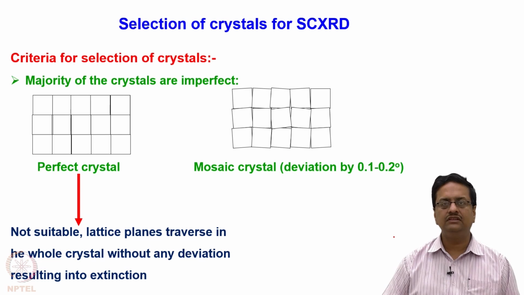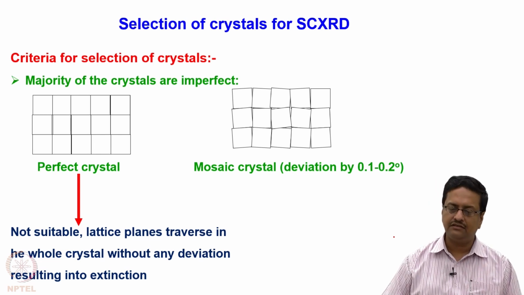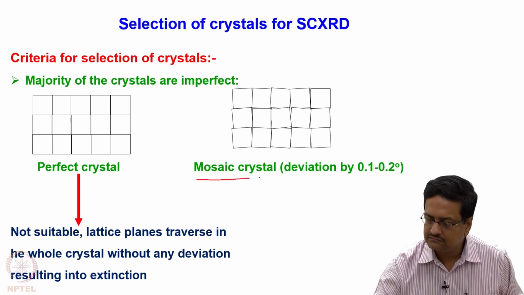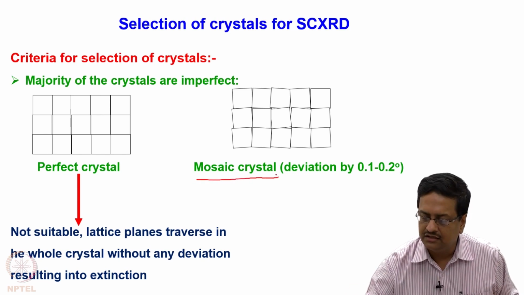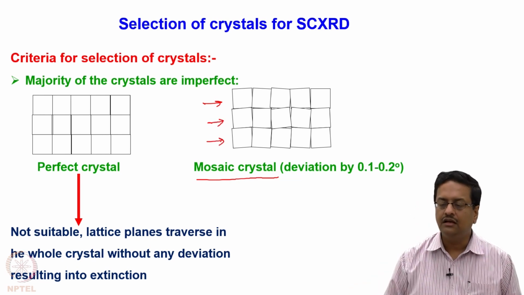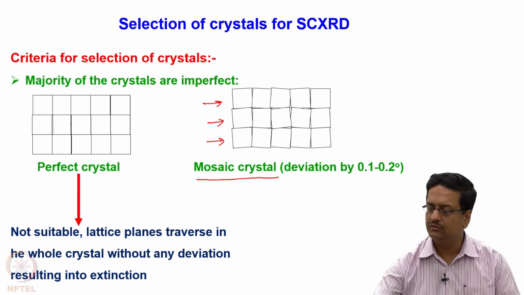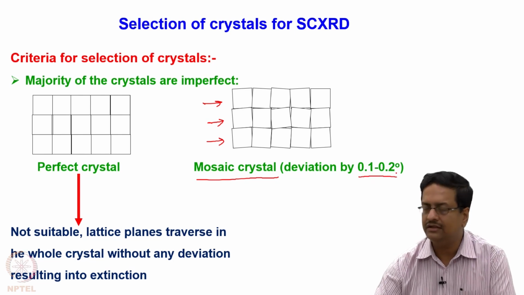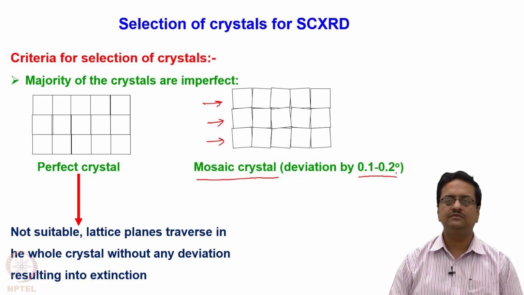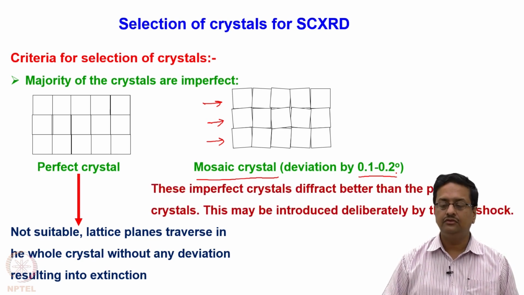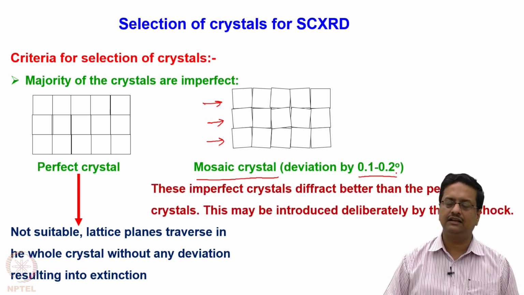So a crystal which is slightly imperfect, we call it a mosaic crystal, where you can see here the unit cells that are present are not perfectly aligned, but they are slightly misaligned, and this misalignment is about 0.1 to 0.2 degree, and this gives rise to a mosaic crystal which is then useful for single crystal X-ray diffraction.